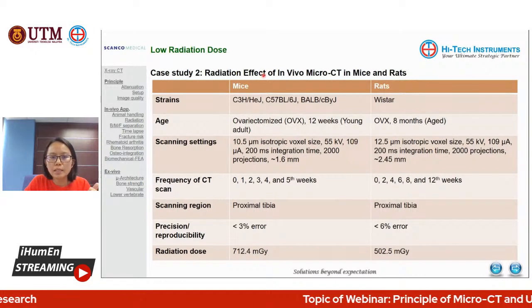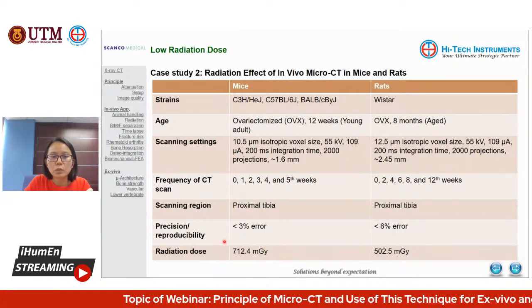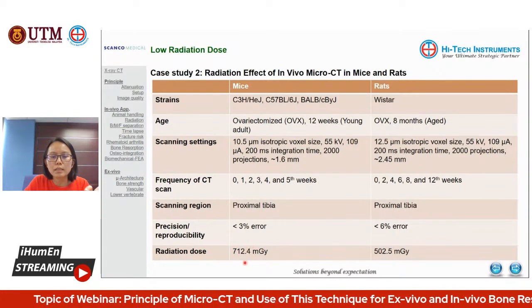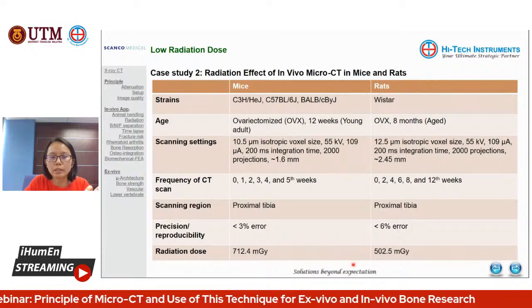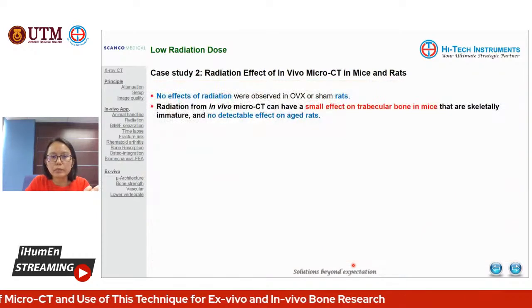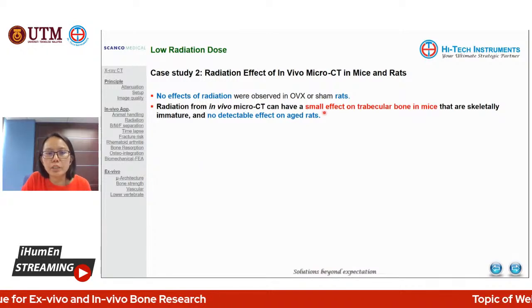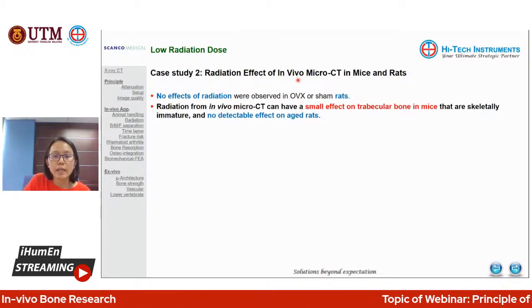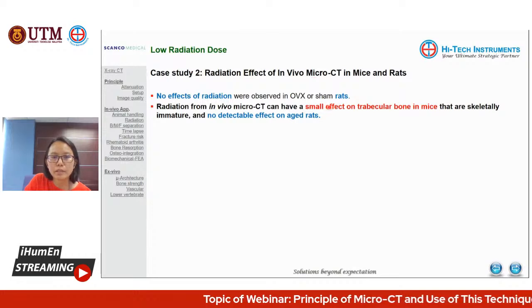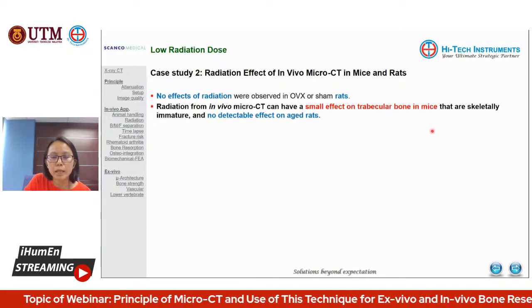For mice, because of the smaller body size, you can see the radiation dose is higher compared to a rat here. And when it comes to the observation, you can see that there is no effect of radiation observed in OVX or sham intact rats, whereas there is some small effect observed in mice.